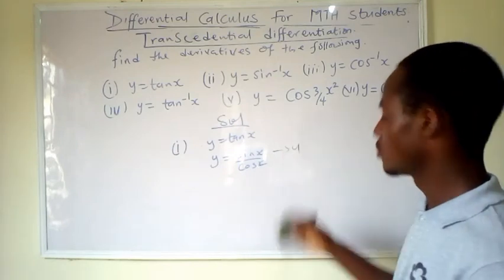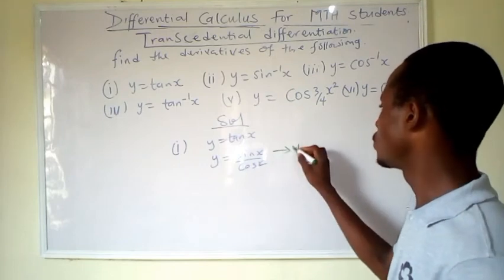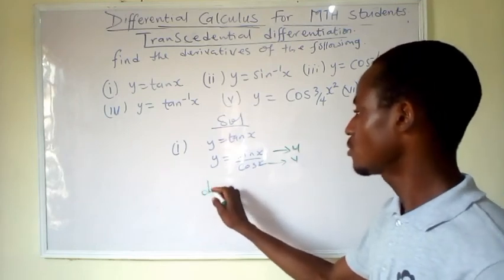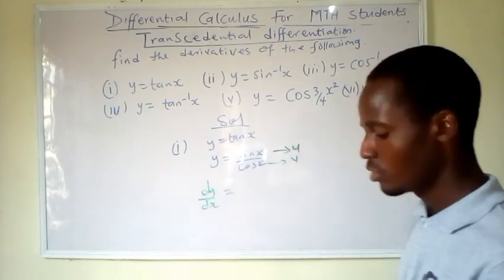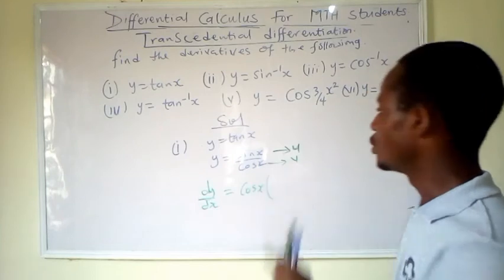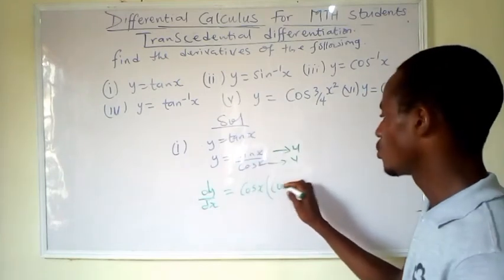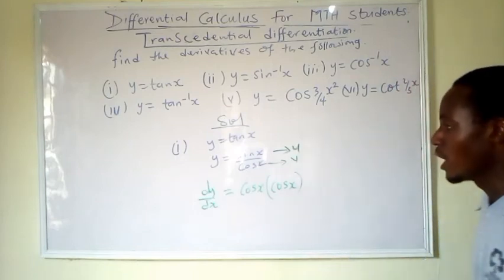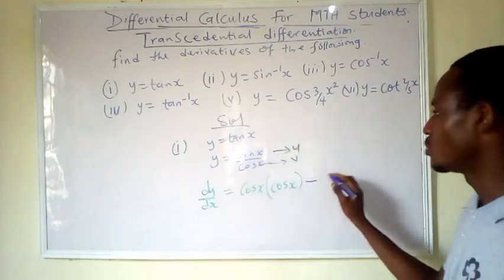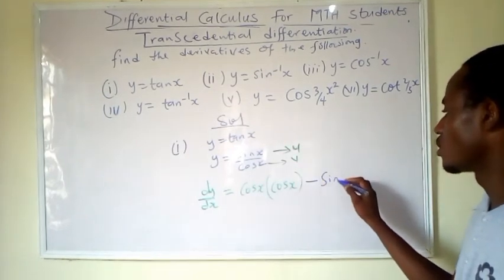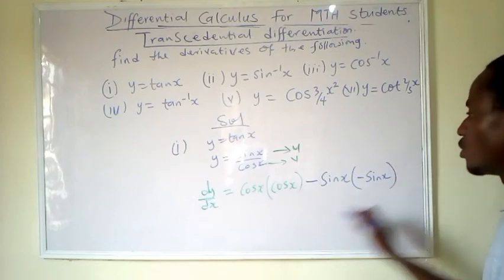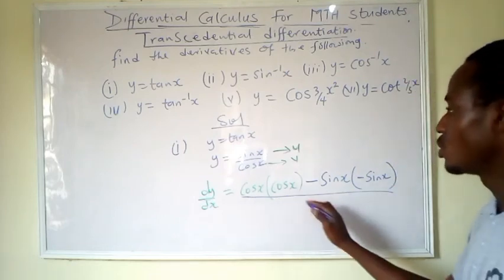So if this is u and this is v, using the quotient rule, dy dx is equal to v du dx. v is cos x. du dx is the derivative of sine x, which is cos x, minus u, which is sine x, multiplied by the derivative of cos x, which is minus sine x. Don't forget this is the quotient rule, all over v squared.